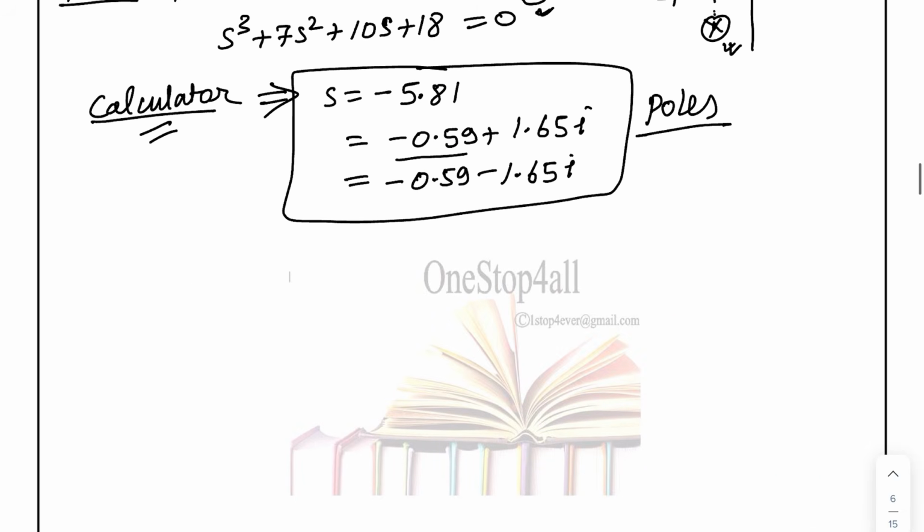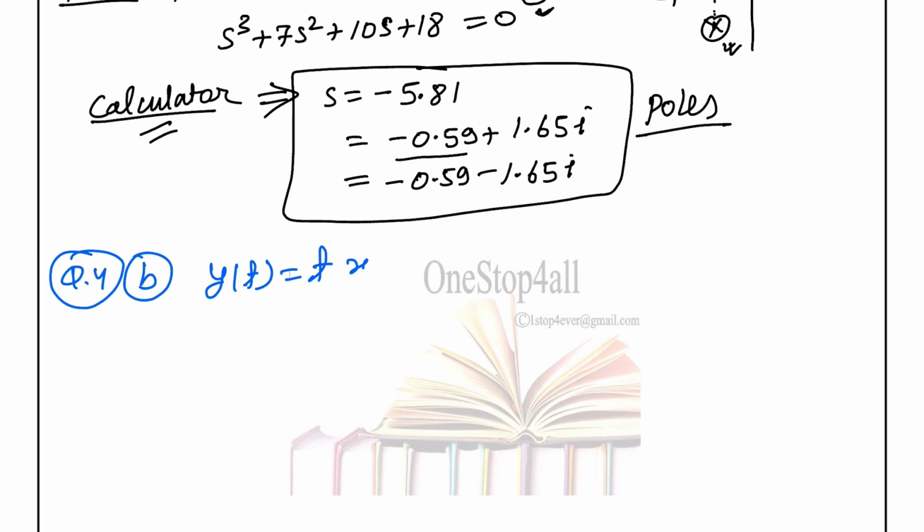Question number 4B. y of t is given as t into x of t. Now we need to check for linearity, and you can check lecture number 6 of the signals and systems series.